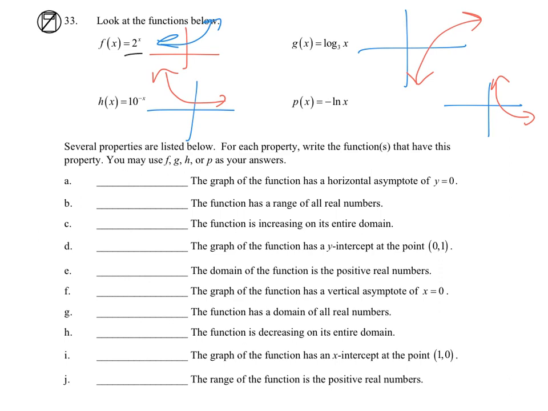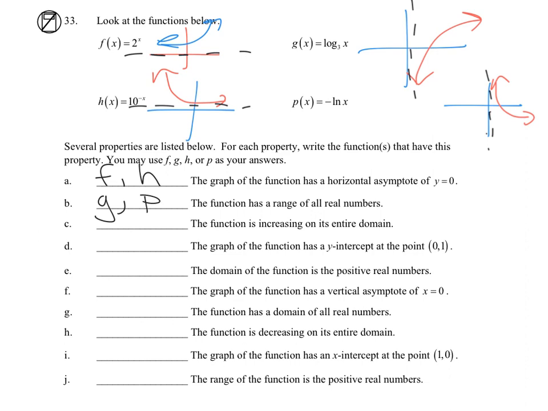And we have asymptotes. Here's a horizontal asymptote on the exponential, vertical asymptotes on the logs. Okay. The graphs have horizontal asymptotes at 0. Oh, that's f and h. Range of all real numbers are the logarithmic ones, so g and p.